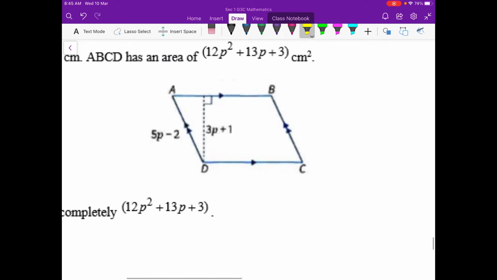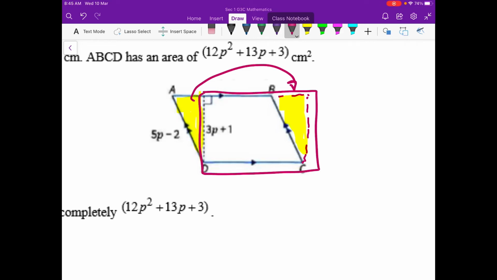Okay, this yellow triangle, you chop it off, you cut it out, and you place it over here. It is the same triangle. And now you end up with a rectangle.